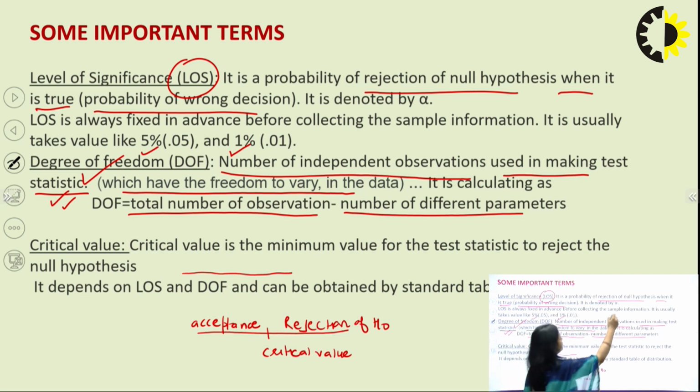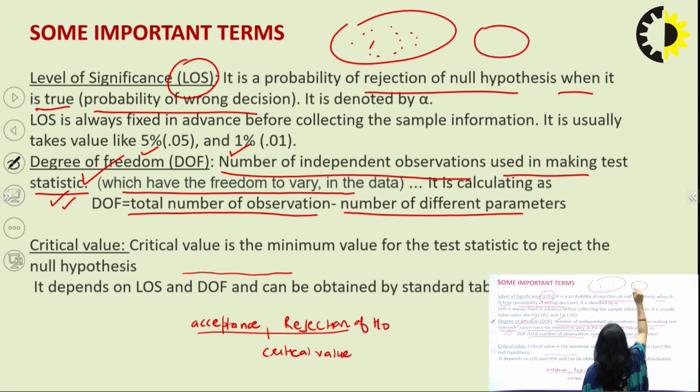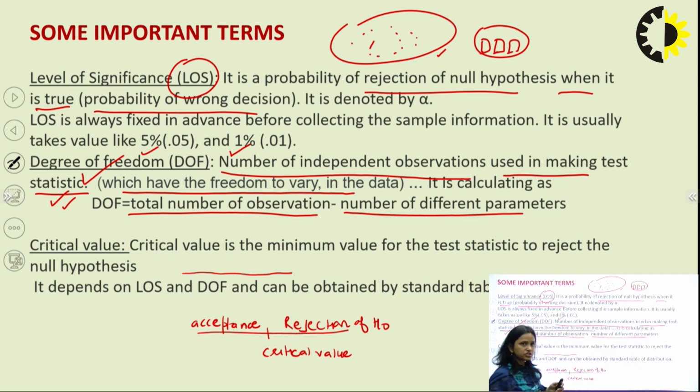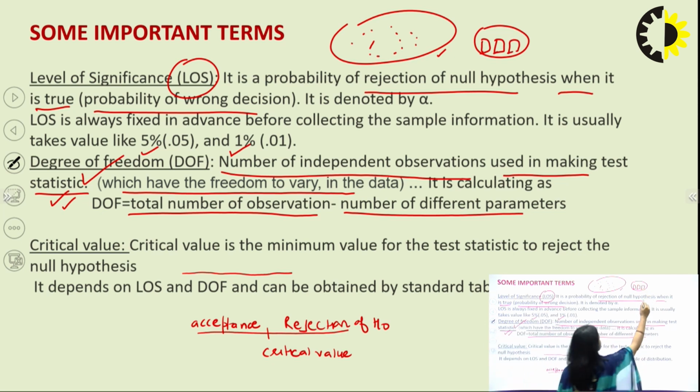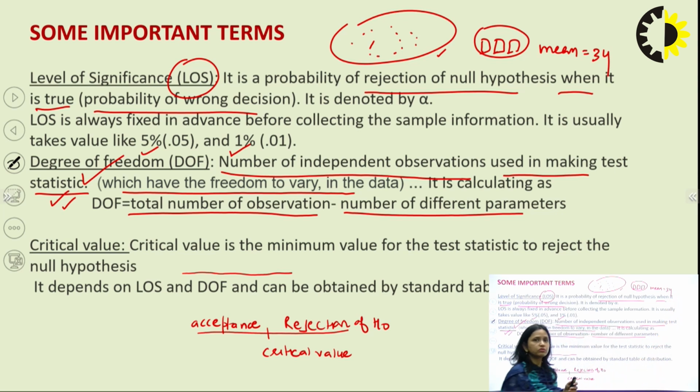For example, we have a population and it contains various numbers. Now, what I have to do, we are taking a sample and I am going to take only 3 numbers from this population. I have to take these 3 numbers such that there is a condition that the mean of these 3 numbers is equal to 34.